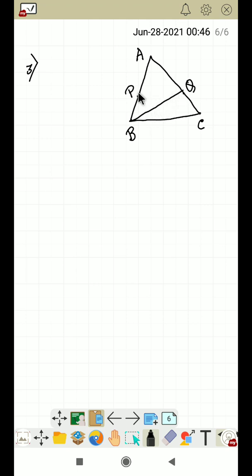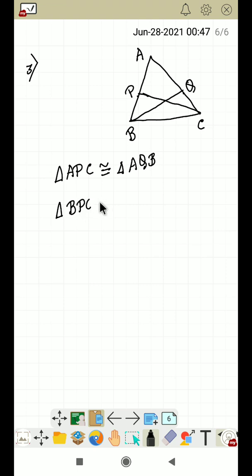And if these two sides are equal, that time you can say that triangle APC is congruent to triangle AQB, and triangle BPC is congruent to triangle CQB.